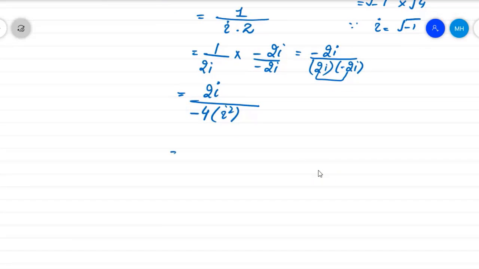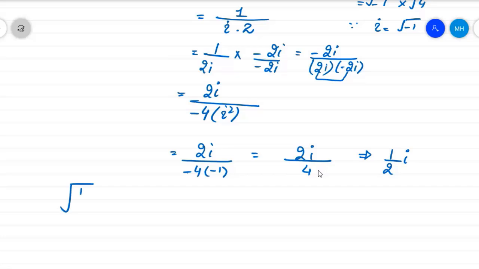Yes. Okay, so the numerator is minus 2 iota, and iota square is negative 1, so the denominator is minus 4 times negative 1. So we have 2 iota divided by 4. If we simplify this term, it will become 1 by 2 times iota. So we have split this number, 1 divided by square root of negative 4, into 1 by 2 times iota. So this is the answer.